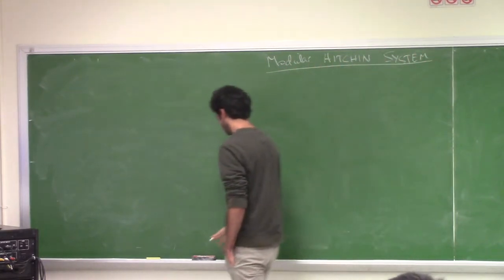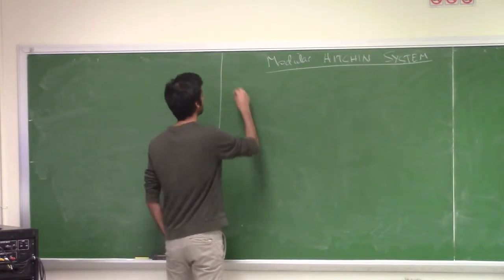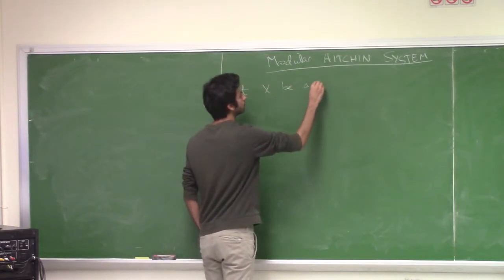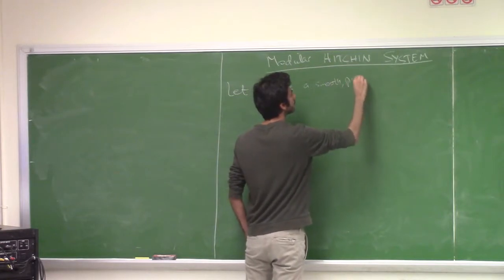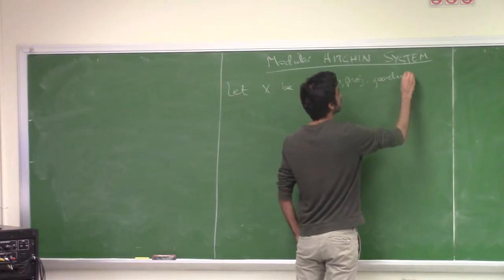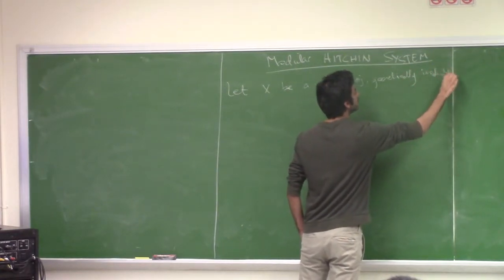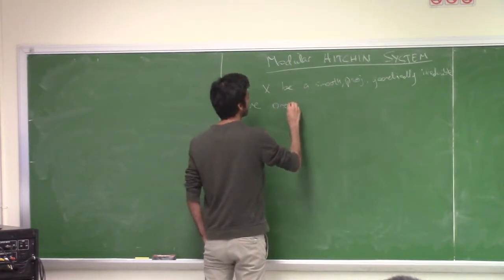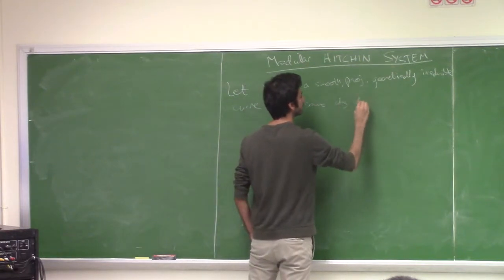So to start off, let X be a smooth projective geometrically irreducible curve over some field, well, some algebraically closed field.